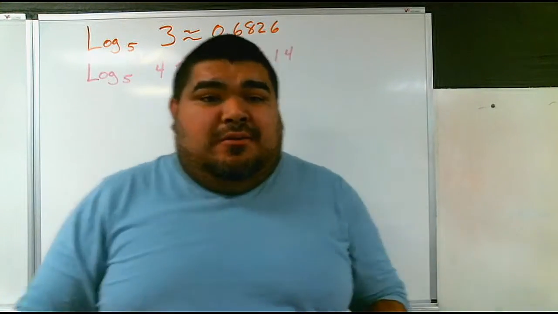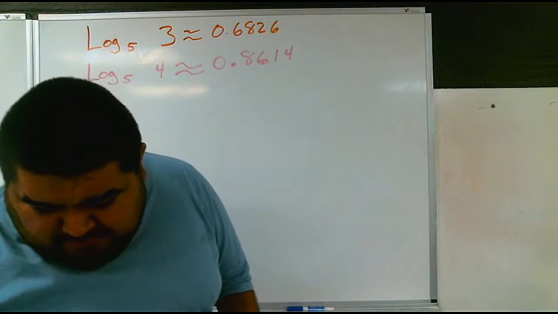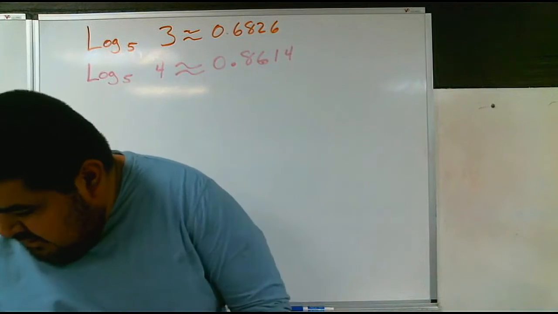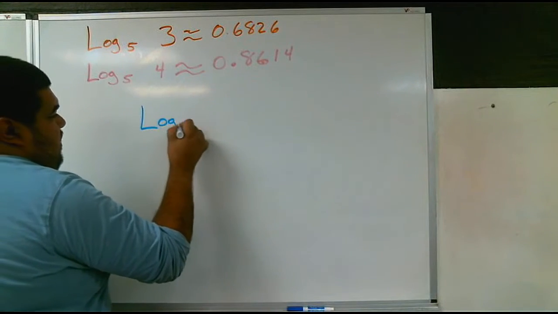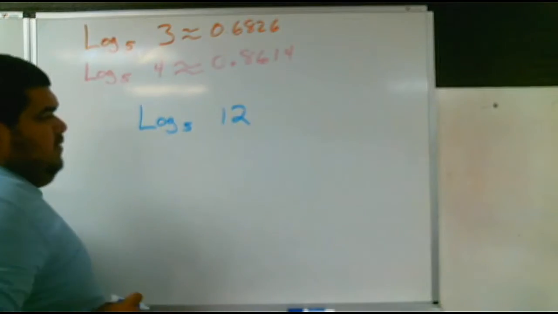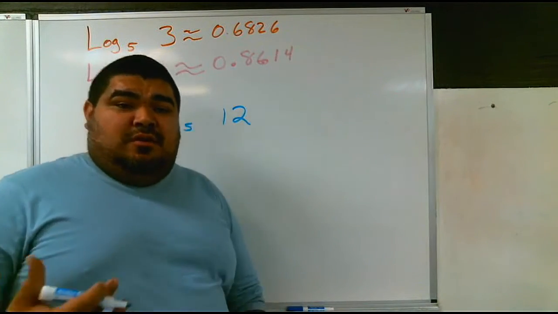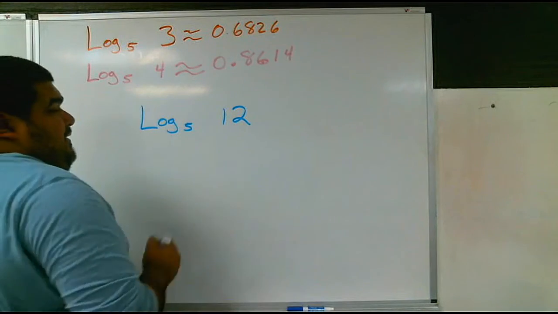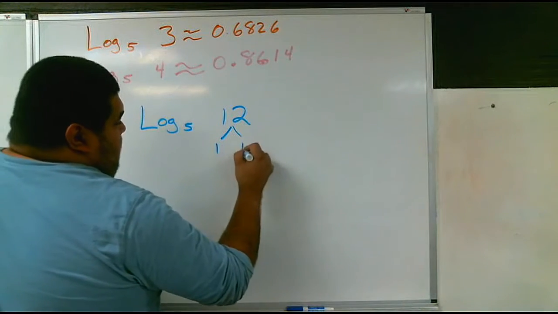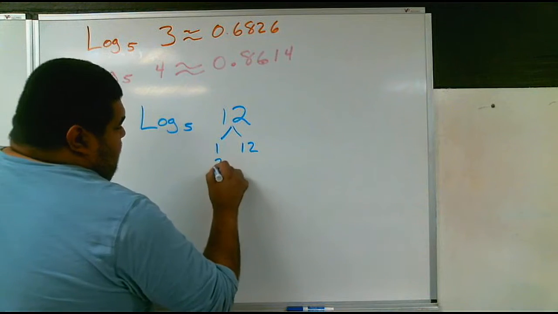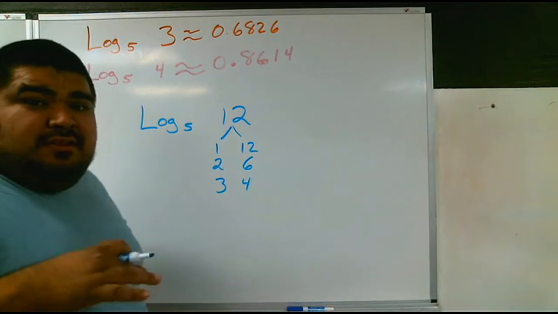Now that we have our keywords, shall we say, our problem for today is we have to break down log base 5 of 12. Two numbers that give us 12 are 1 and 12, 2 and 6, 3 and 4, and there's nothing else that really gives us 12.